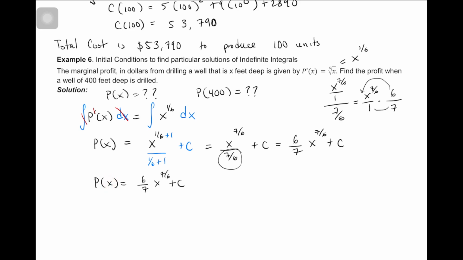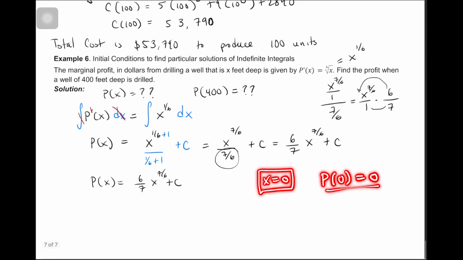So how much profit would you make if you drill 0 feet? Shouldn't the profit be 0, because you're not drilling anything? Why would you get a profit if you're drilling nothing?